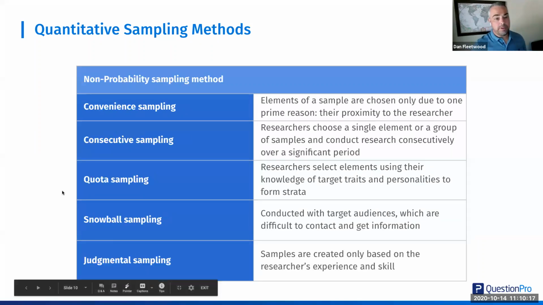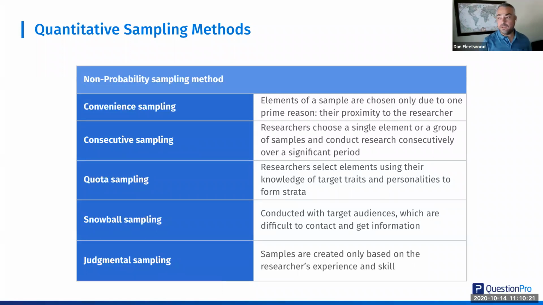All right, so non-probability sampling is really out of convenience, I think. It doesn't necessarily mean that you can't put odds or probability towards it, but in general, it's going to be samples that may or may not represent the population at large if you want to project it, but it definitely can represent your target market or what you're trying to go after.